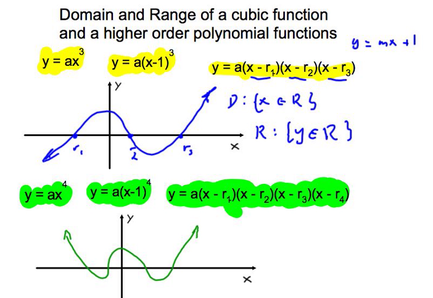Now, at the bottom of the screen, you'll see examples of a polynomial function where the exponent of x is 4. This is a higher order polynomial function. When the exponent is 4, we call it a quartic function.